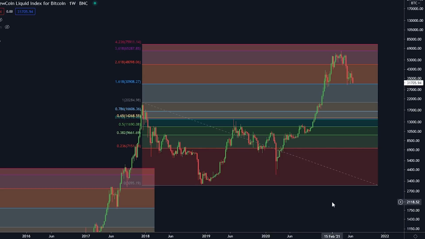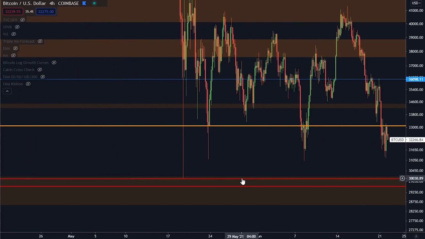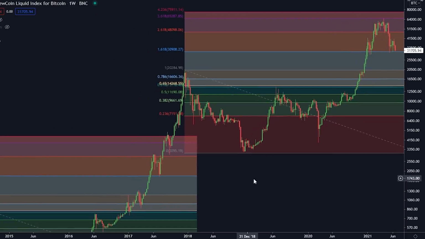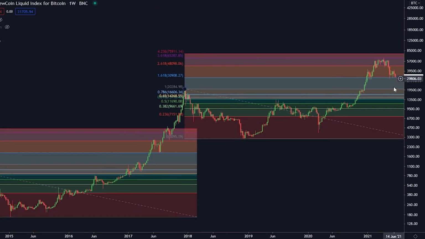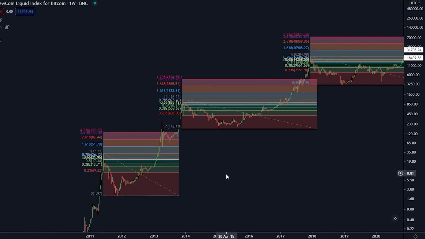But what I do think is that the previous drop down to $30,000 here is just as likely to be the actual bottom for Bitcoin as opposed to us dropping further, okay? So I just want to make that clear. We can drop further, but then again, what you have to consider is that if we drop further here, that is something that we haven't really seen in previous cycles.